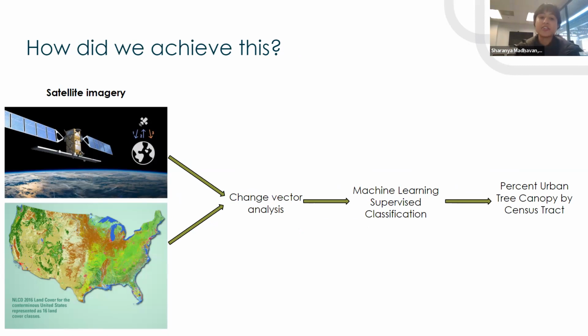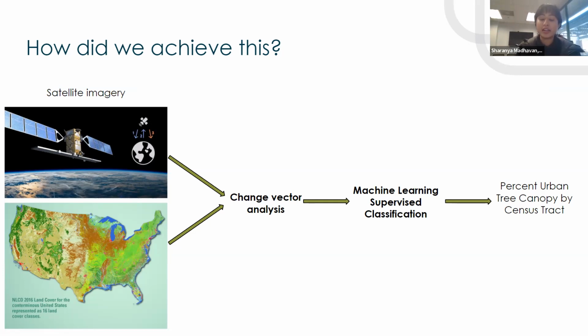NLCD data is generated as a part of a lot of federal agencies working together to produce essentially a current and nationally consistent land cover product for all 50 states. That image on the bottom there of the United States is what the National Land Cover Database looks like. We essentially took this data and applied advanced geospatial data science techniques through a change factor analysis and also machine learning supervised classification to forecast tree canopy coverage.